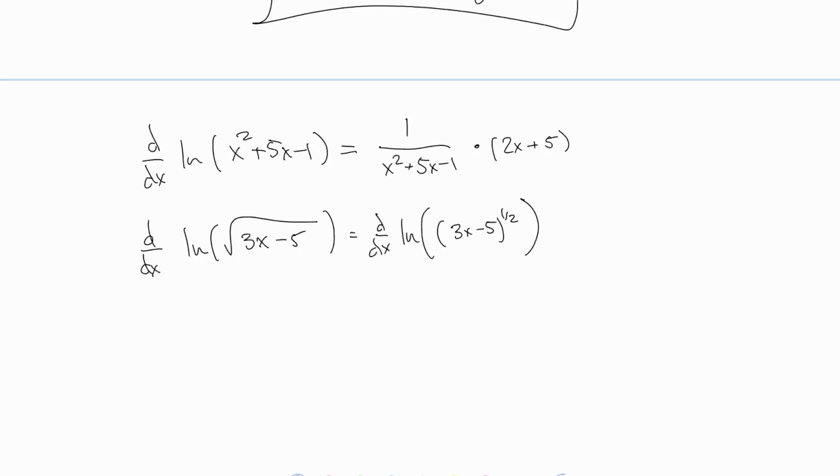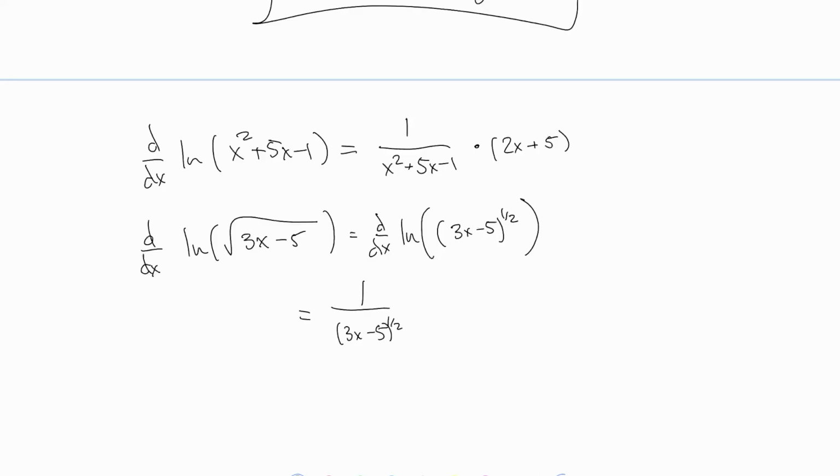And now I'm going to do the chain rule. This actually requires using the chain rule twice, but we don't have to worry about that until we get there. The derivative of a log of something is always 1 over that something. So this is 1 over 3x minus 5 to the 1/2, like so.